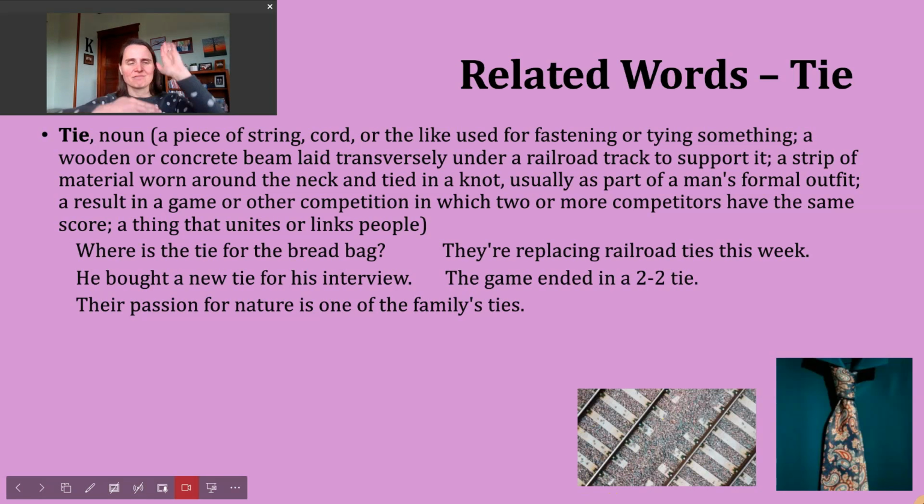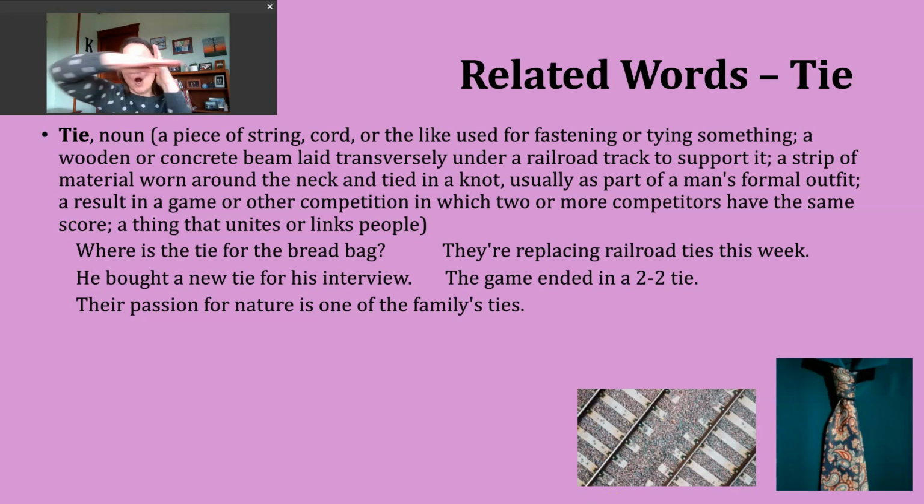If this is the rail, the ties are laid in the opposite direction, transversely there. Okay. An example of this in a sentence might be, they're replacing railroad ties this week. Sometimes they need to be repaired. They rot or they break down in some way.